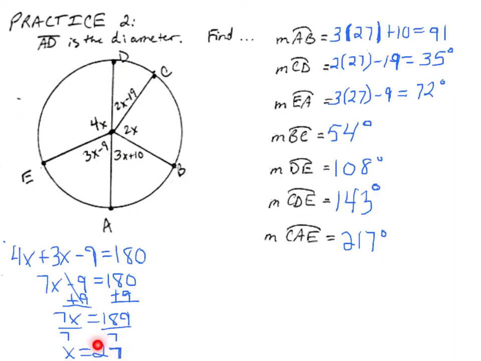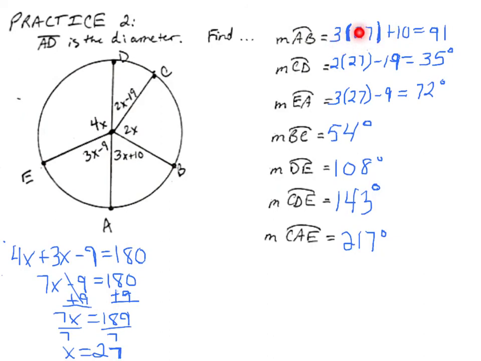Then take your 27, substitute it in for any of the x's, find all your angles and arcs, right, because they're the same, because it's a central angle that we're dealing with. And I've then taken the liberty of solving a few of these just to show us where we're at. So arc AB, looking for this arc here. Well, that's the same as this angle, right? So I'm just going to take 3x plus 10. I did it right up here.